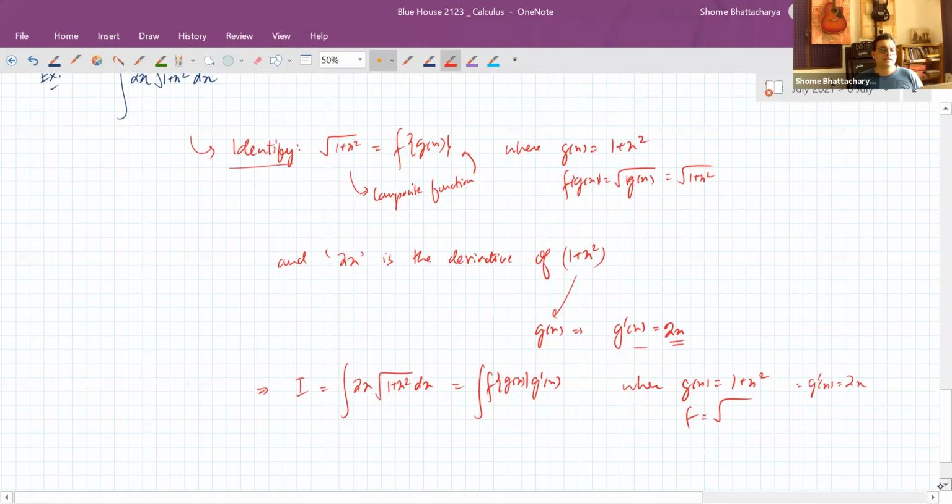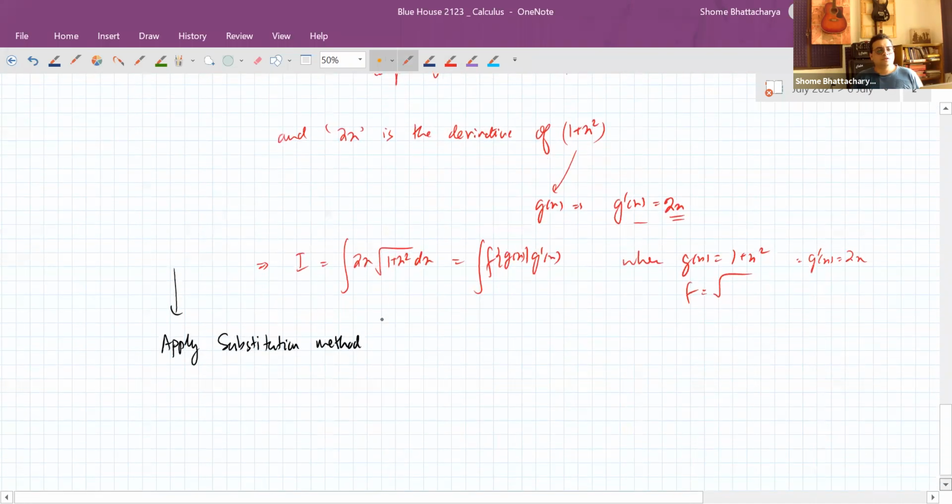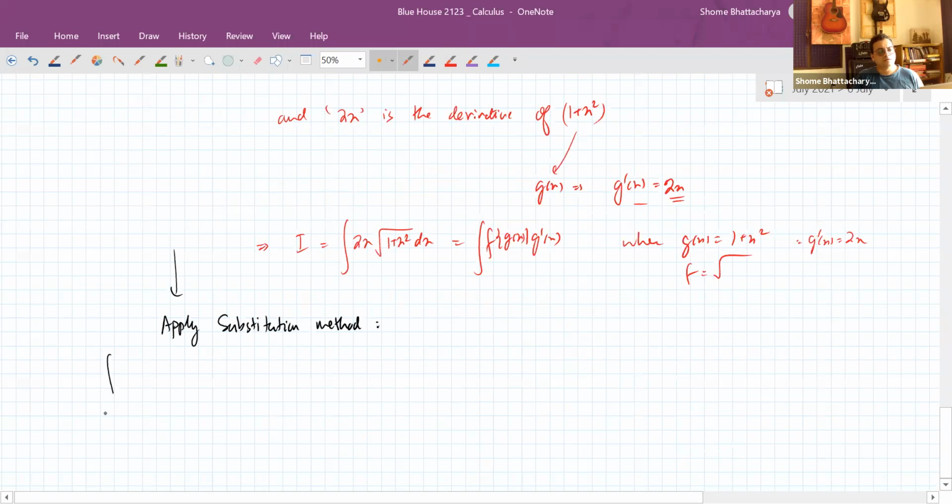So once you have identified, now we will apply the substitution method. For that, in this integration, I'm again writing this in the other order like this.